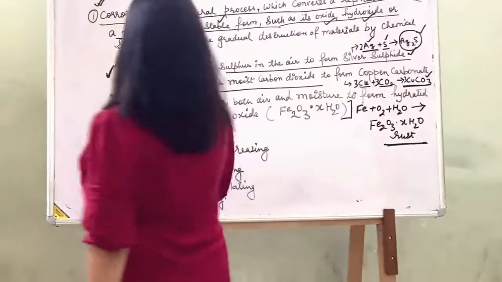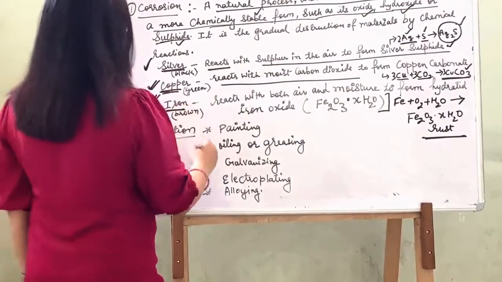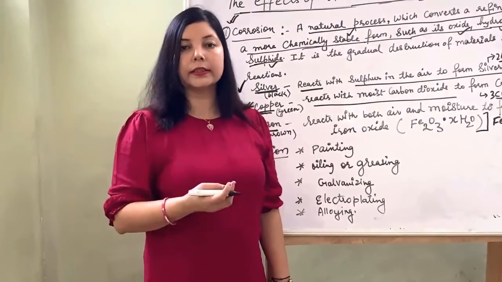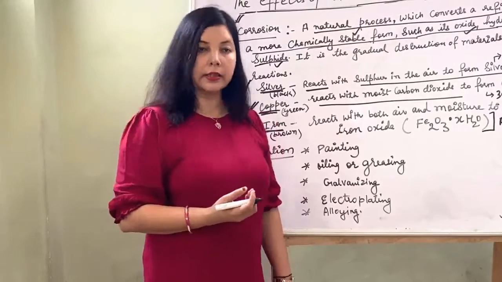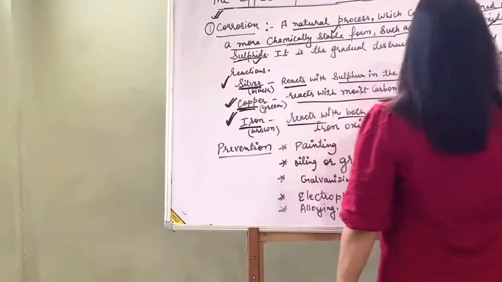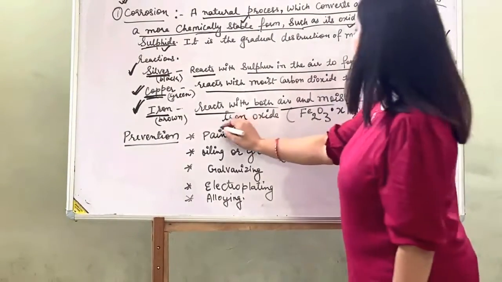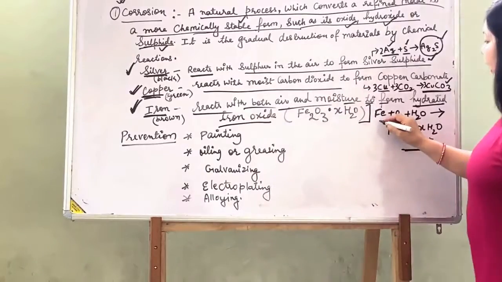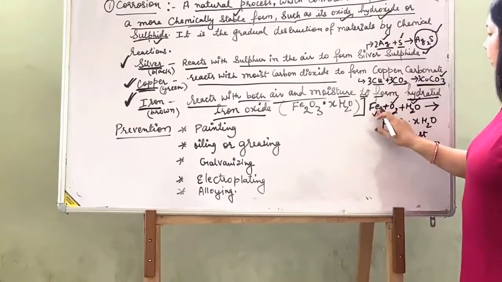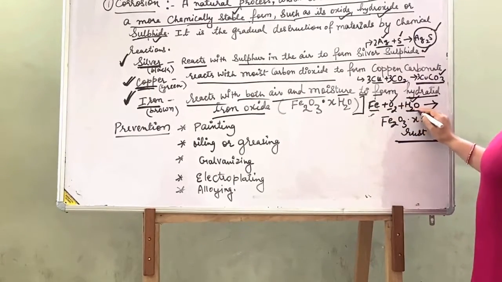Now iron. The third example is of iron metal. You must have seen many iron things in your surroundings, as I have mentioned, iron railings, bridges, iron gates. They react with both air and moisture present in the atmosphere to form hydrated iron oxide, that is Fe plus O2 plus H2O. Fe stands for iron, O2 for oxygen and H2O for water.